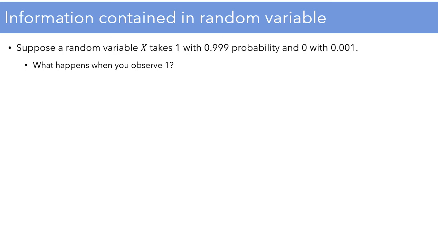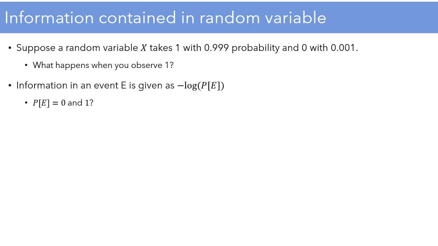If it's a rare event, then knowing that it has occurred gives us more information than an event which is almost certain. For example, if you know that x will always be 1, does knowing its value give us any information?